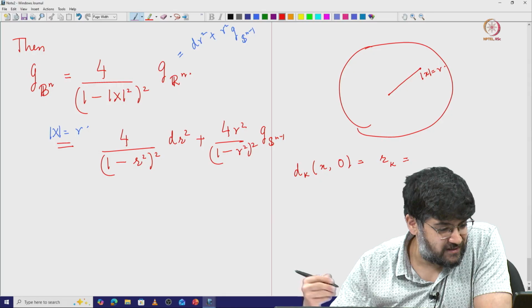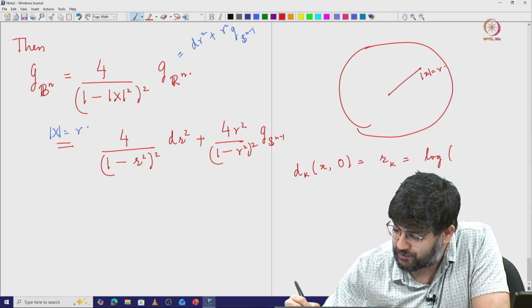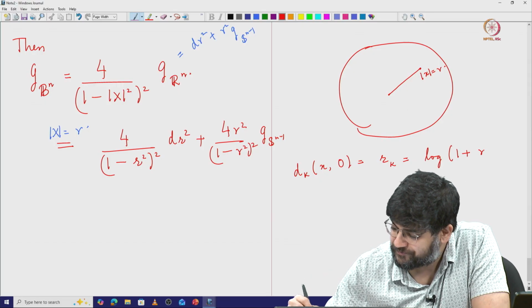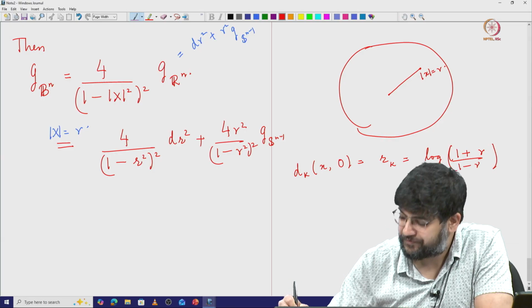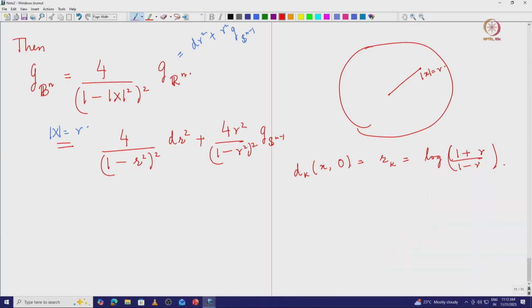Well, if you go back to your notes from that lecture, this is precisely this, okay. So now solving for r, we basically get that r is e to the 2 r kappa minus 1 by e to the 2 r kappa plus 1, okay.